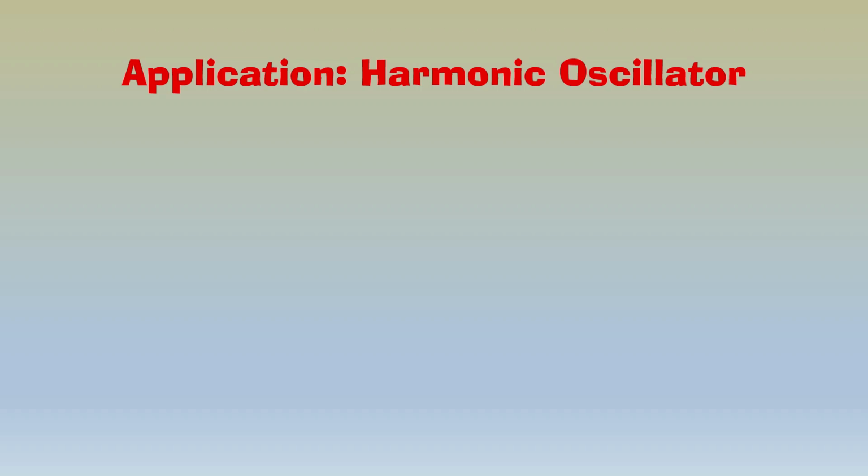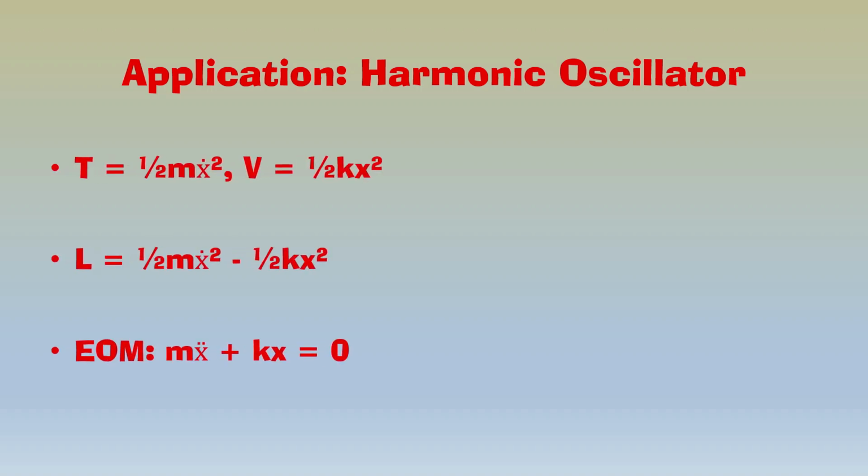Okay, so the next application is the harmonic oscillator. So first the simple pendulum, then the Atwood machine, then the third application, the harmonic oscillator. Here the kinetic energy can be written as 1 by 2 m x dot square, and the potential energy is 1 by 2 k x square.